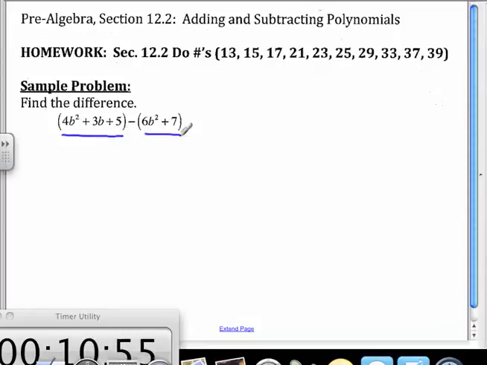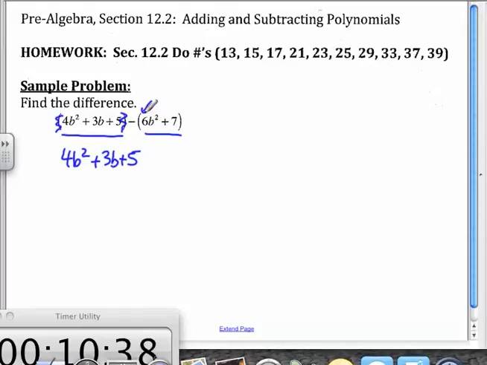Alright, now you'll notice when I drop the parentheses of this front one, it says 4b squared plus 3b plus 5. But I want you to notice something. The sign of this 6b squared right now inside the parentheses is positive. But as soon as I drop the parentheses, it becomes negative 6b squared.